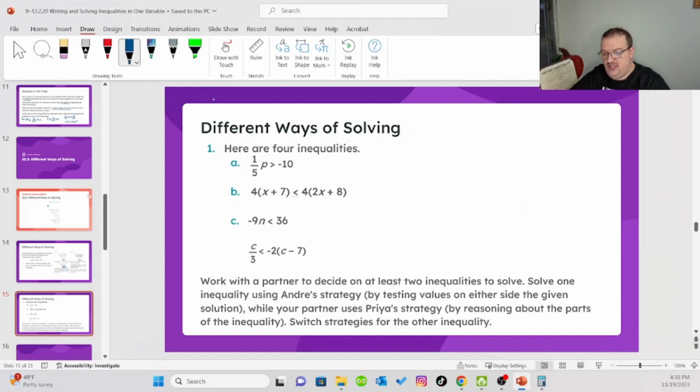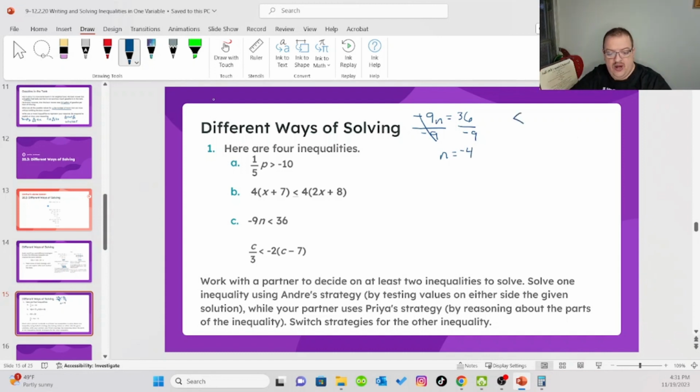Now let's try C. We have -9n less than 36. We'll rewrite this as an equation. Divide both sides by -9 so that you get n by itself. And we find out that n equals -4.